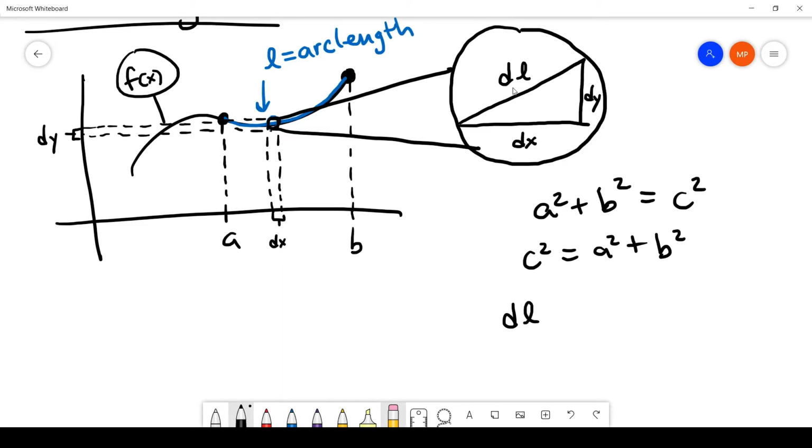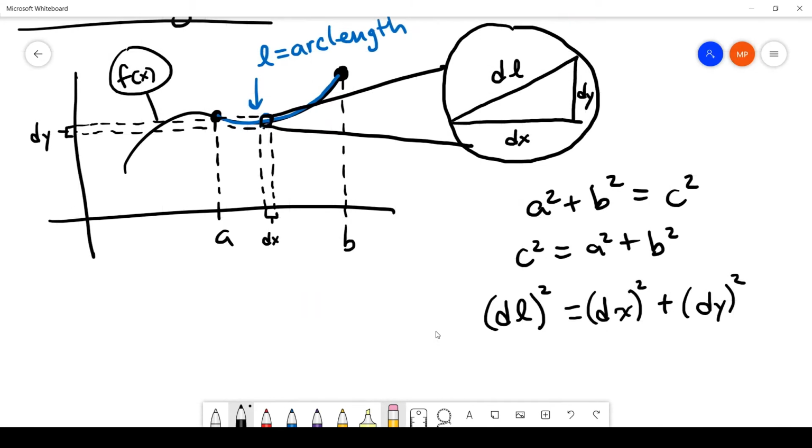Where our c here is our dl. So we're going to have dl squared is equal to, now a squared can be any arbitrary value, I'll just say that a is going to be our dx squared, plus b. The b must be the other side length of the triangle, and that is going to be dy squared. And so now where do I go with this?